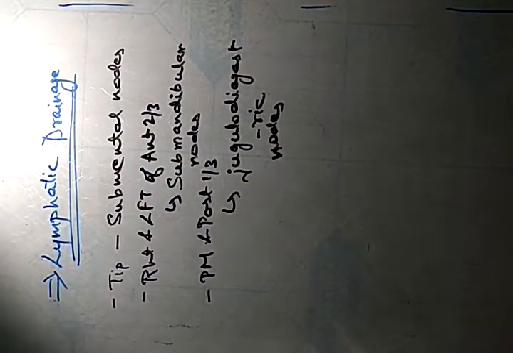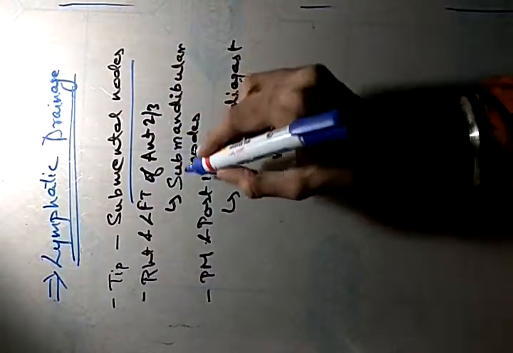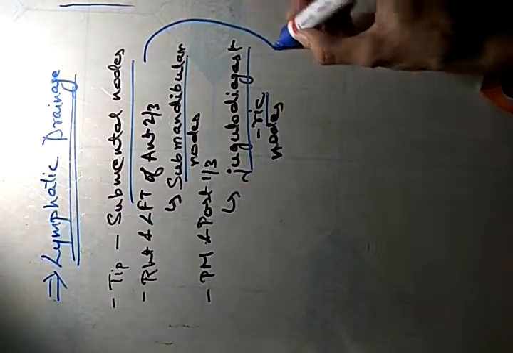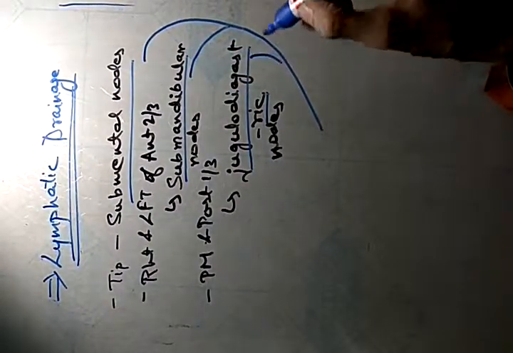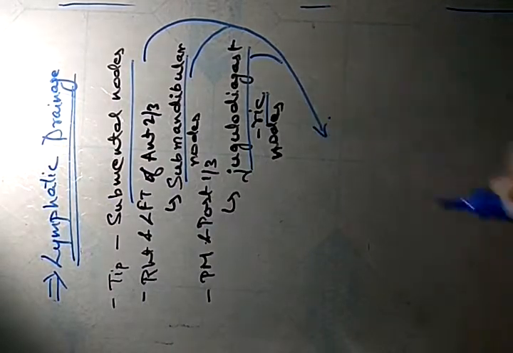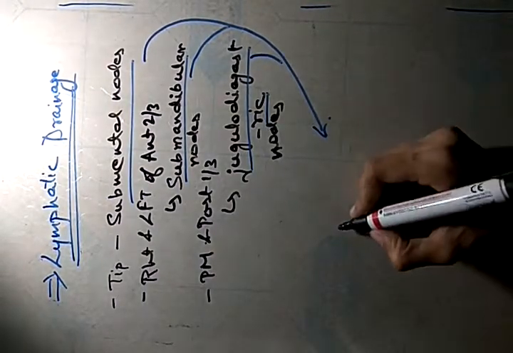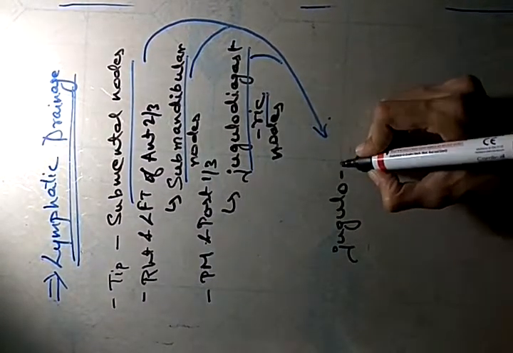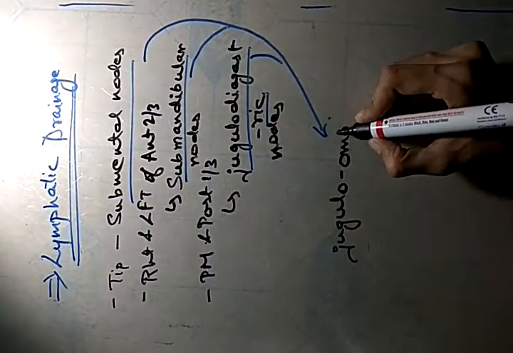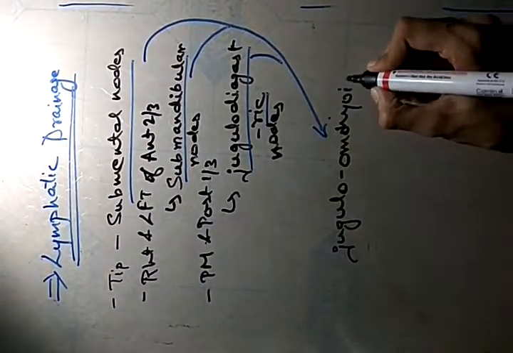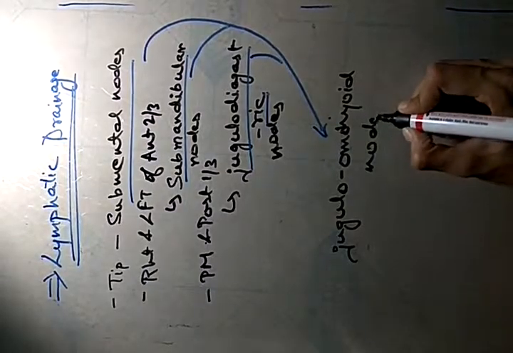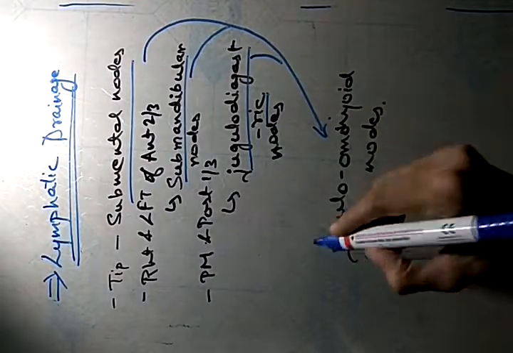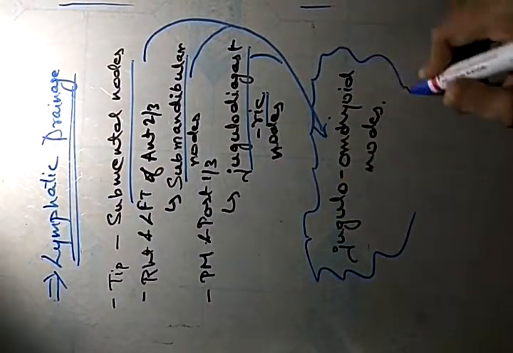Now there is one thing that we all should know, that submental, submandibular, and jugulodigastric nodes all drain into jugulo-omohyoid nodes. Okay, so all the lymph gets extracted and it empties here. Jugulo-omohyoid.